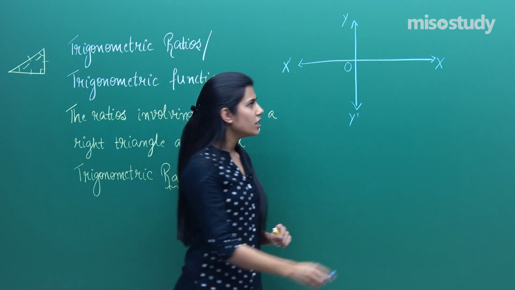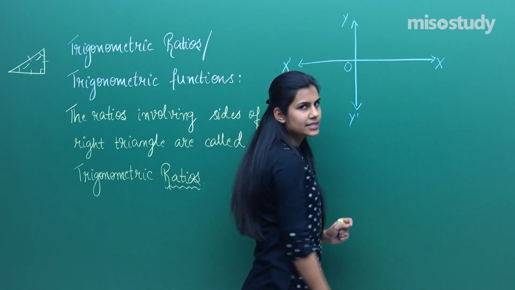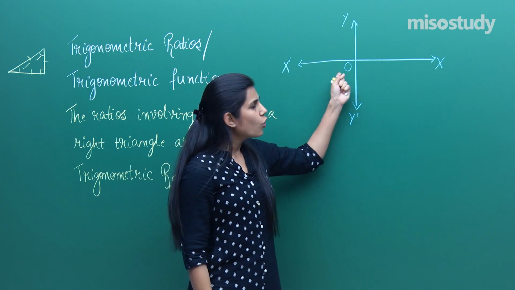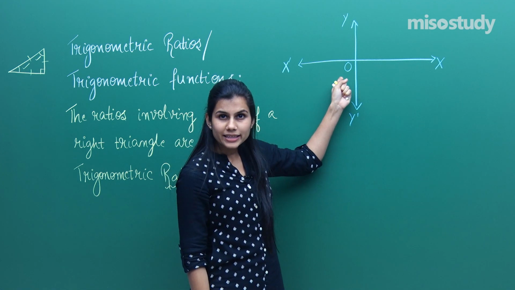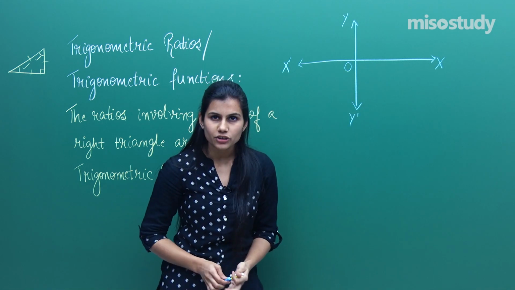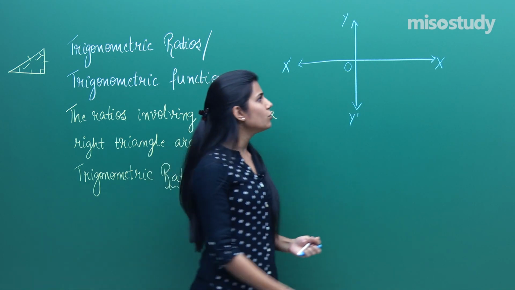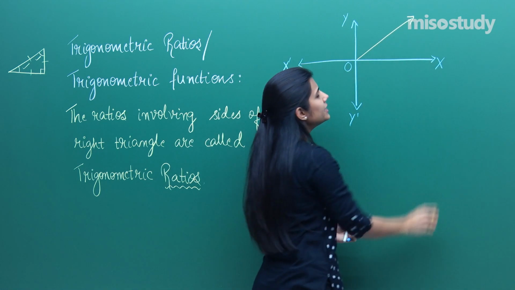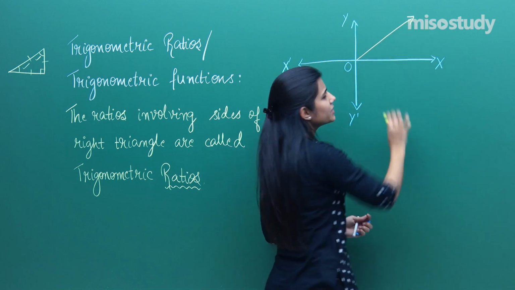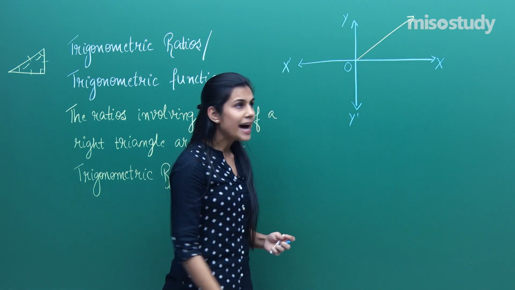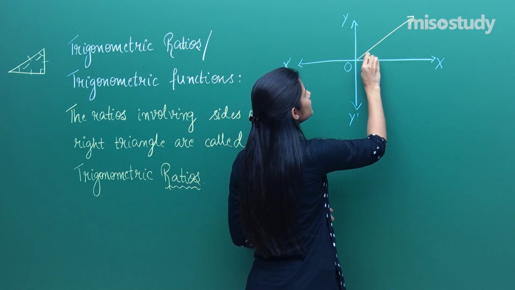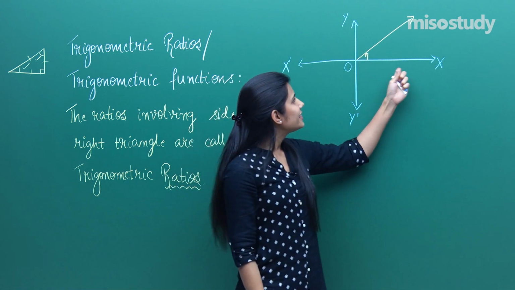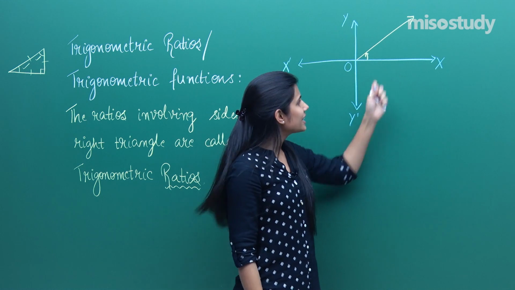What I asked you was, take this OX to be your given initial ray and O, the origin, to be the end point about which the rotation will take place. You start rotating and reach a terminal side, say this particular ray.